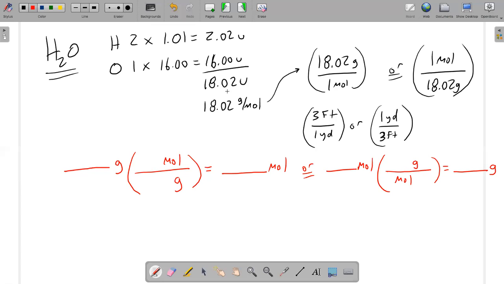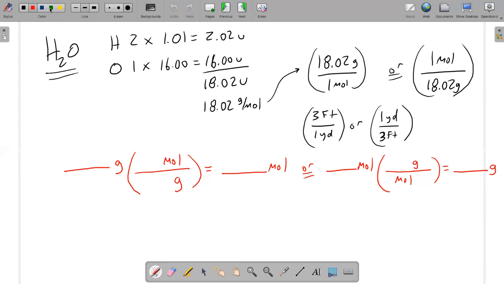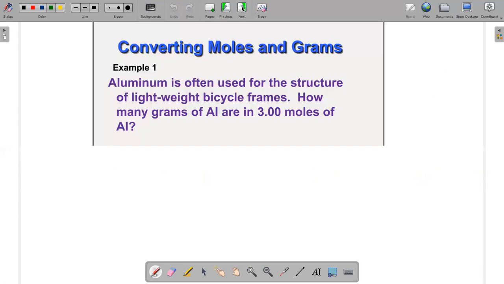So we'll do some examples because that'll give you a practical sense of what the meaning is here, why we do it the way we got to do it. But those are the two different conversion factors, either moles over grams or grams over moles. And the plan is that whatever unit you start with, grams, that's the unit that goes in the denominator of the conversion factor. But if you start with a quantity in moles, then moles goes in the denominator of the conversion factor.